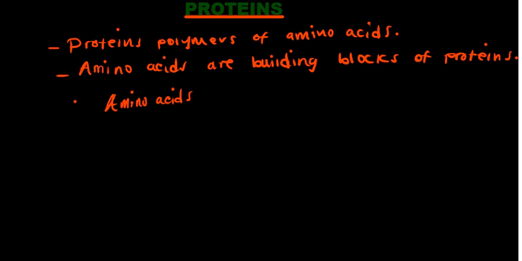You are going to have a sequence of amino acids, which is, let's say, this is an amino acid, this is an amino acid, this is an amino acid, this is an amino acid, this is another amino acid. So this is a sequence of amino acids. This sequence of amino acids here, we are going to call it a polypeptide.